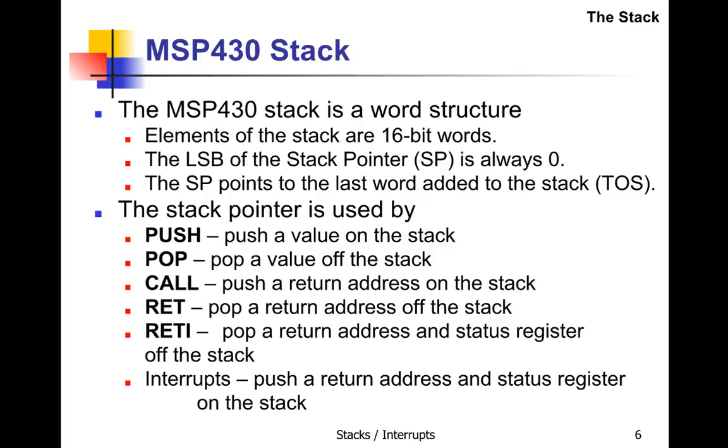That's because you need to save the status register: when you go off on an interrupt, that could happen at any time, and you don't want to lose the status of where you were when you go back and start re-executing things. So interrupts push a return address and the status register on the stack. That's why the RETI needs to pop them off.